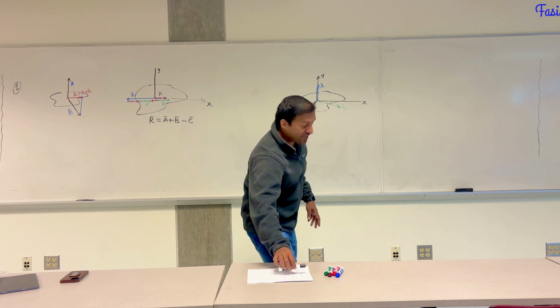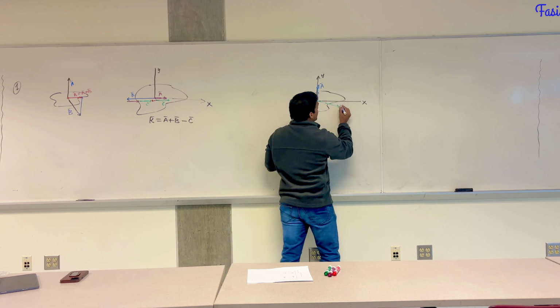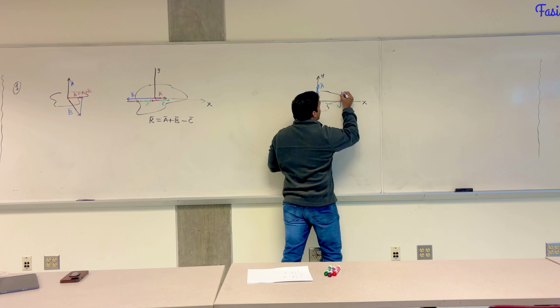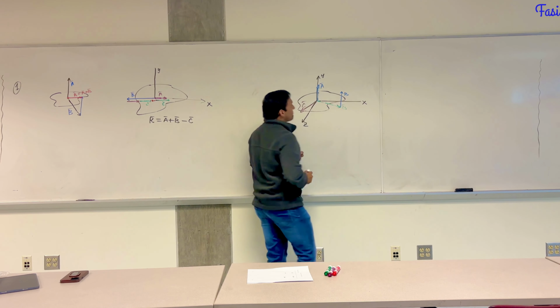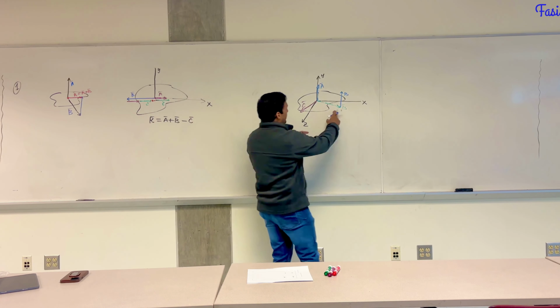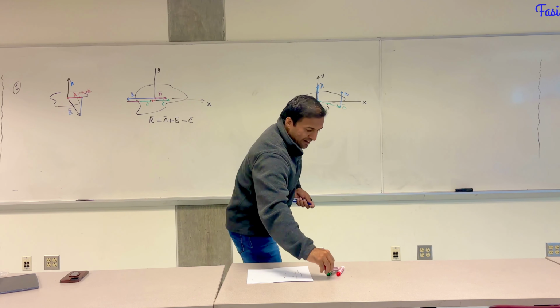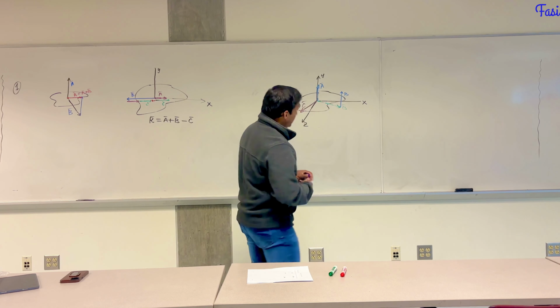Okay, so I'm gonna take blue first. So I take this vector, put it here. Seems okay, same length, same direction, I just add it to vector B. And then I'm gonna take this one and add it here.